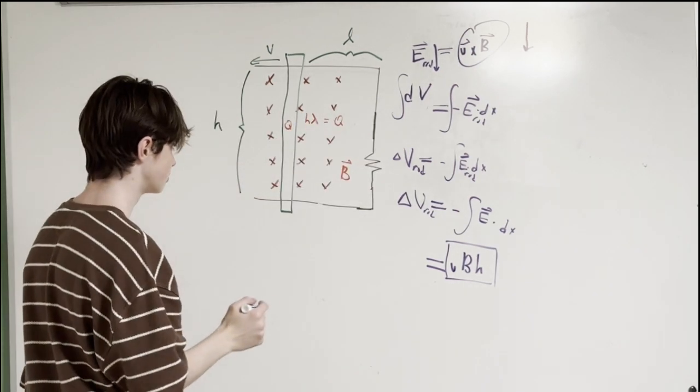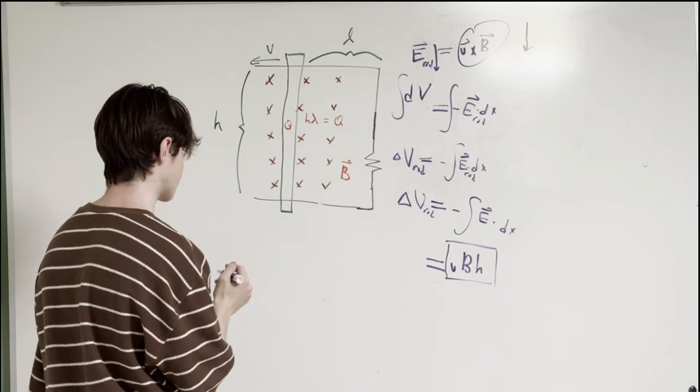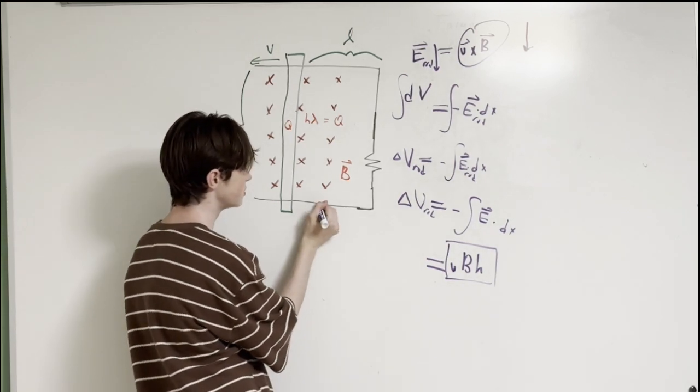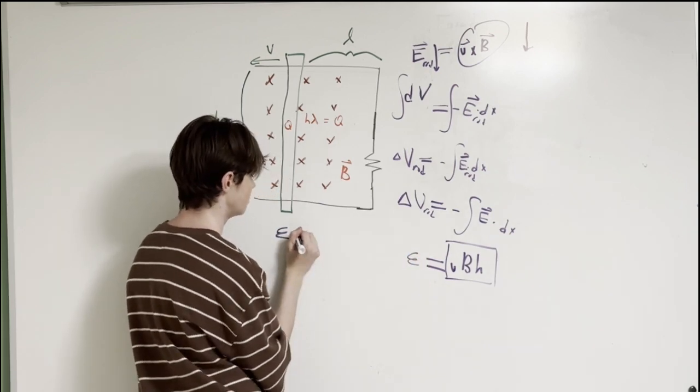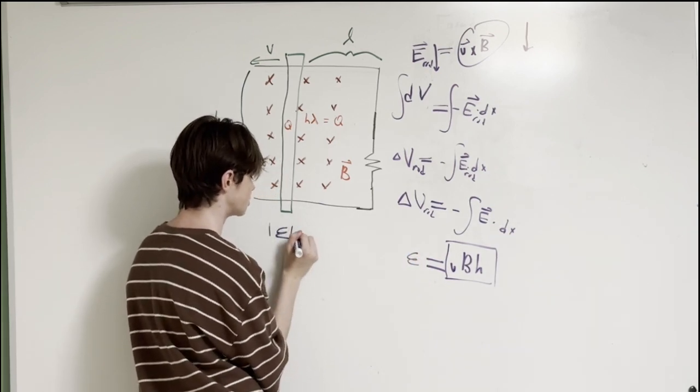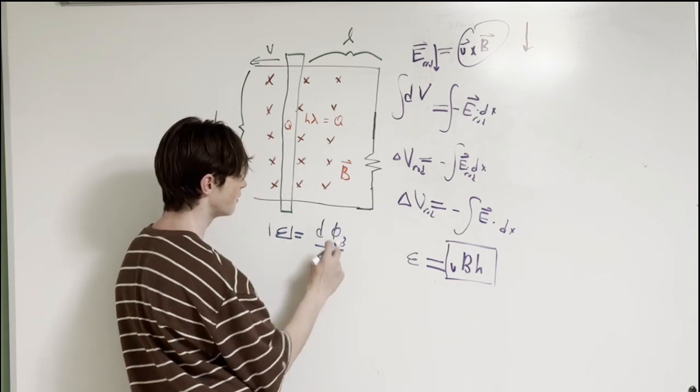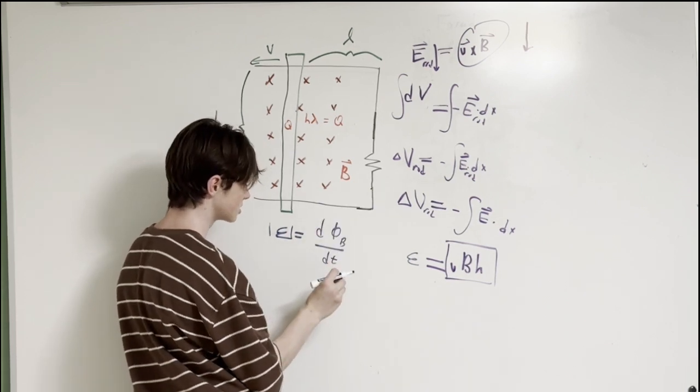And the other derivation of that is with magnetic flux. So instead, if we use Faraday's law, EMF, by the way, this was an EMF, the absolute value of which is equal to the derivative of magnetic flux with respect to time.